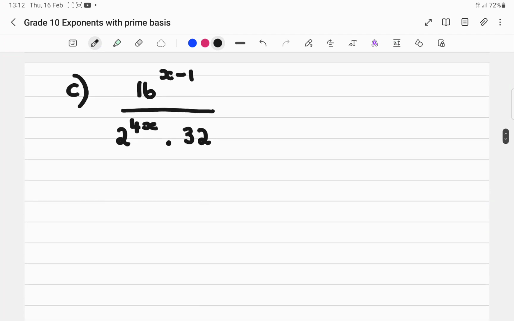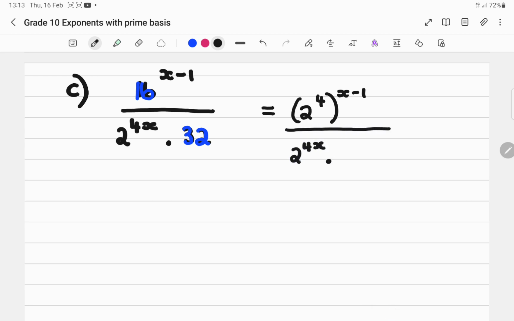Right, let's identify those non-prime numbers, 16 and 32. So calculator, help me. 16 is 2 to the power of 4, all raised to the power x minus 1, over 2 to the power 4x times 32, and 32 equals, shift fact, 2 to the power of 5.